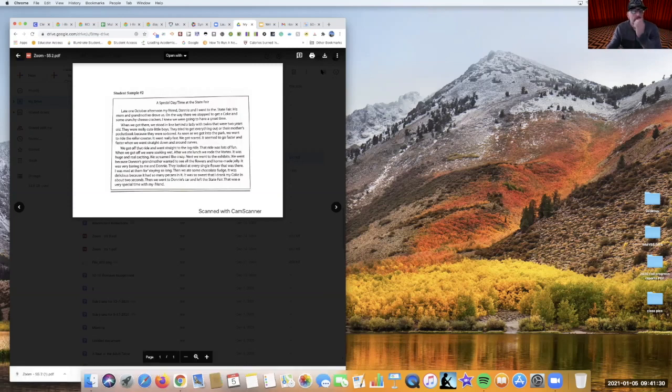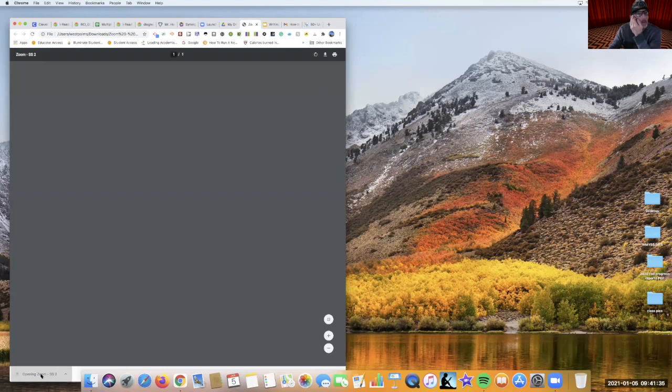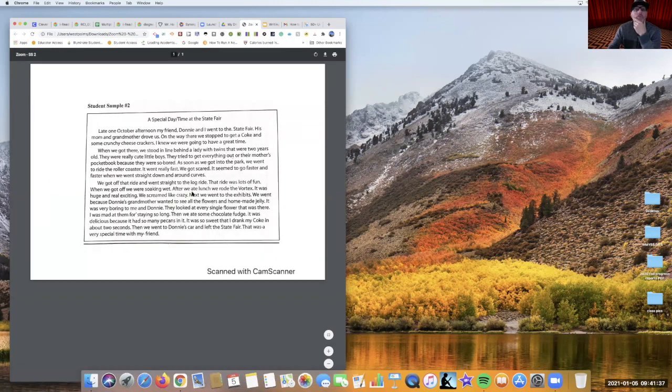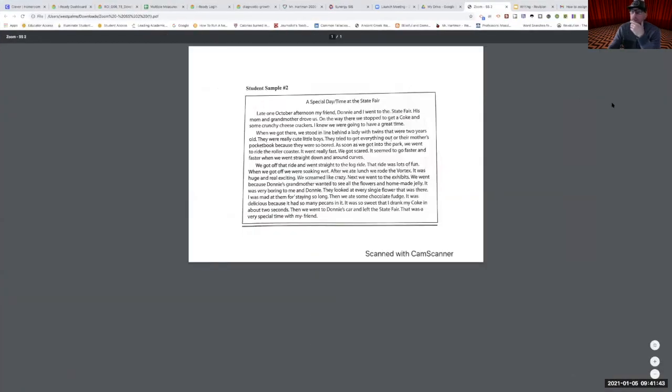You make things so difficult. All right, let's do this. Okay, take a look at this piece here. And we are going to be looking for whether or not we have the three pluses and the zap.